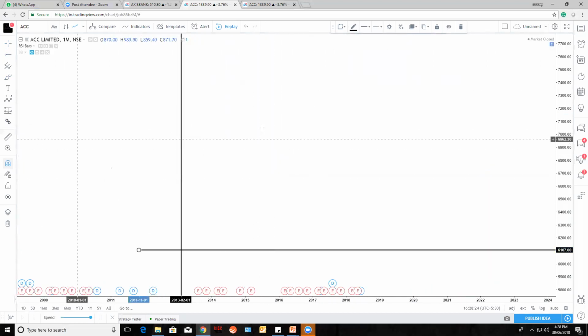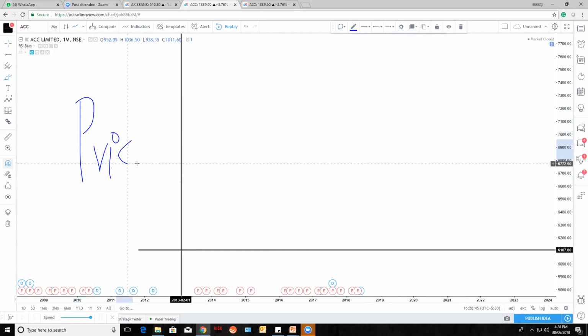Whenever there is an impulse wave, it will take a lesser time. And whenever there is a correction, it will take more time. Whenever you are seeing the impulse, you see it in terms of price. Let's take some price.